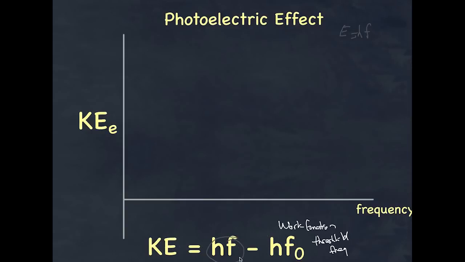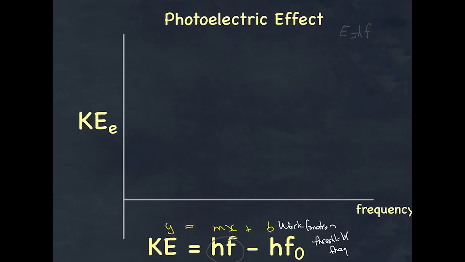two values. So, if I were to draw a graph that represents this as I increase the frequency, you should be able to recognize that this is a linear function. So we've got here y equals mx plus b.